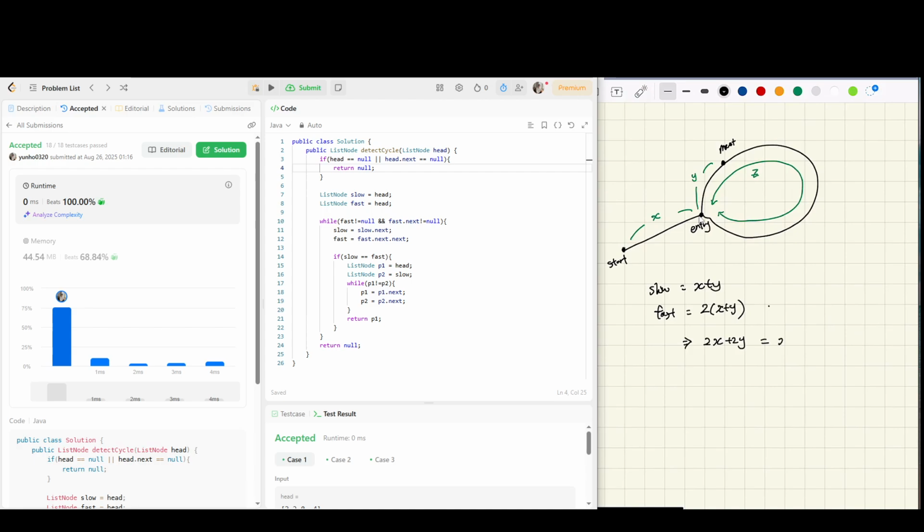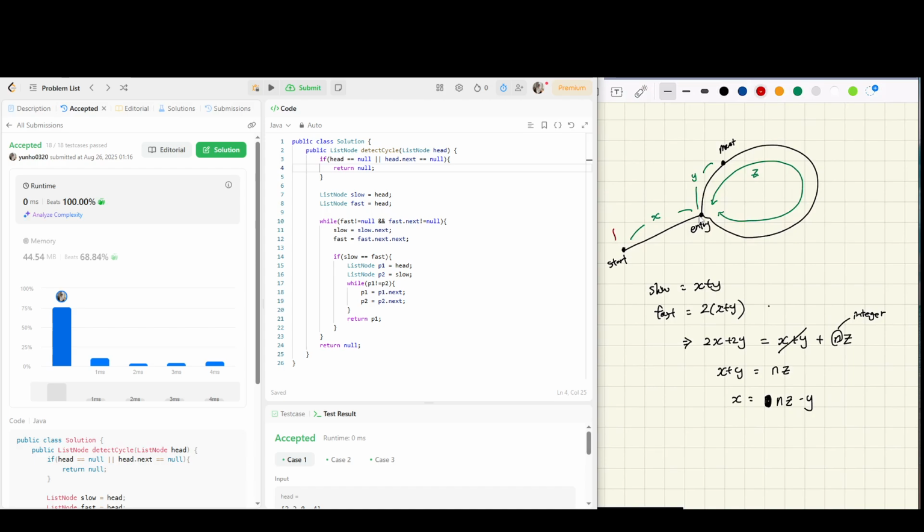We said it also moved x plus y plus n cycles, where n is an integer, the number of full cycles it did. We're not interested in n. If we tidy up, we get x plus y is equal to nz, and then x is nz minus y.